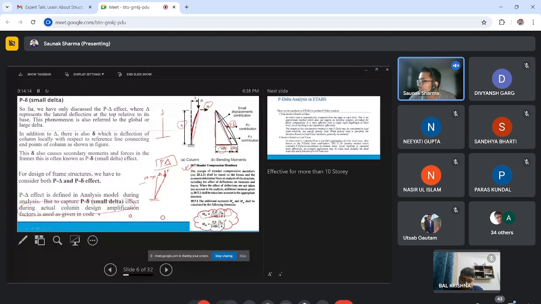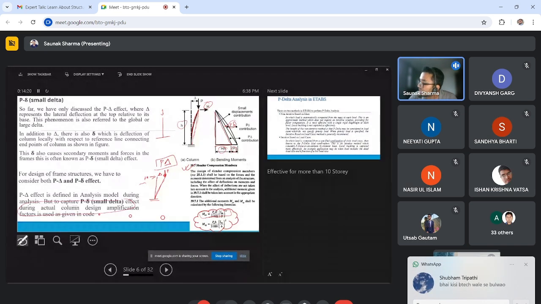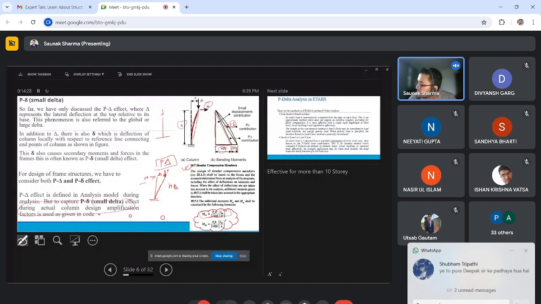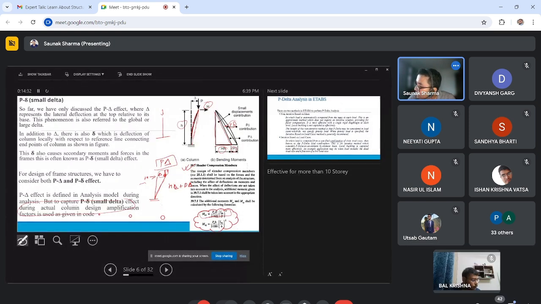The software does this until it converges, until the difference between both results is small. First, H delta, H into L plus P into delta. Now, after this P delta acts, this member will again deflect a small amount.